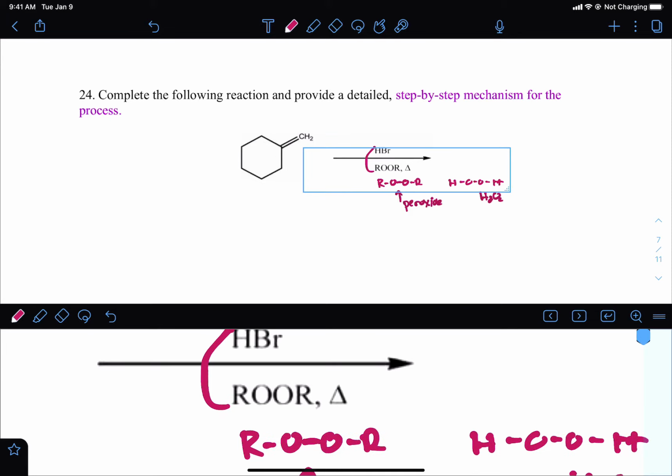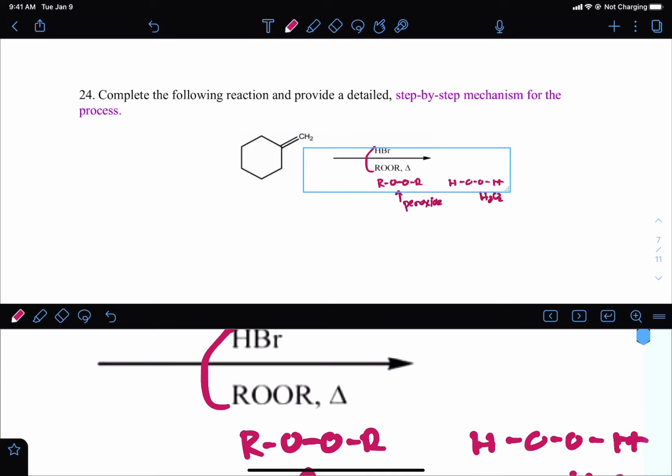And then again, we've got the Br dot that can go on and do more reactions. So this reaction will kind of self-propagate. It's a chain reaction where we create a radical from our peroxide originally. That radical goes on to make a new radical. That radical goes on to react to eventually make more radicals, and the reaction continues. But here's the product.